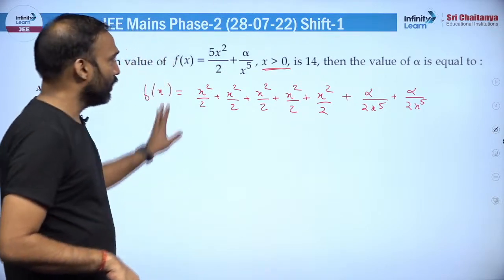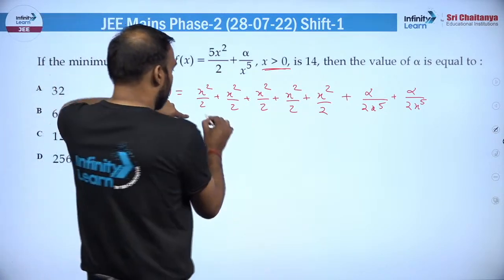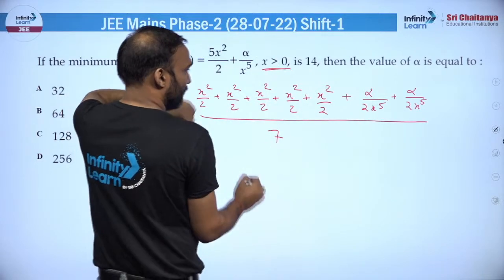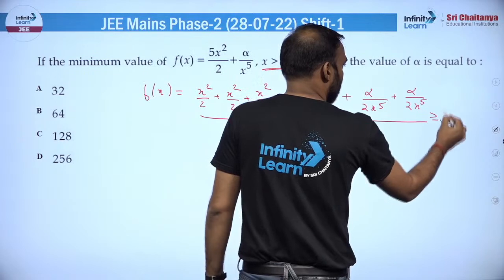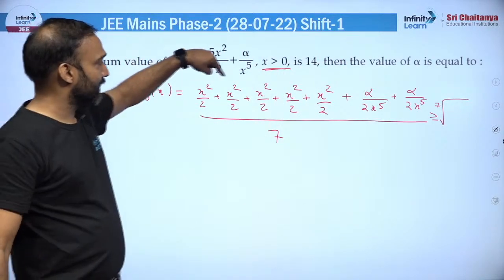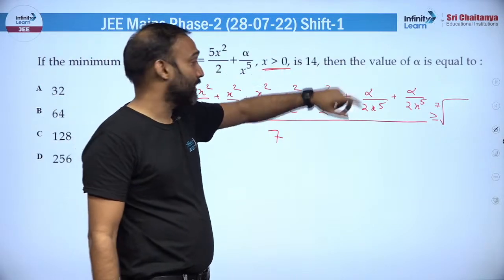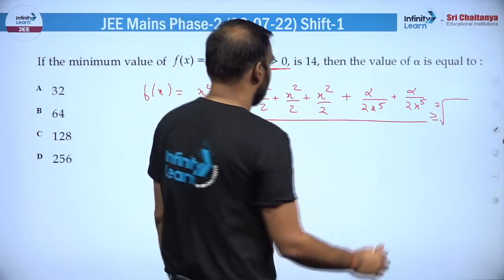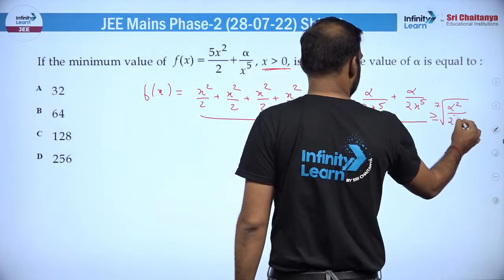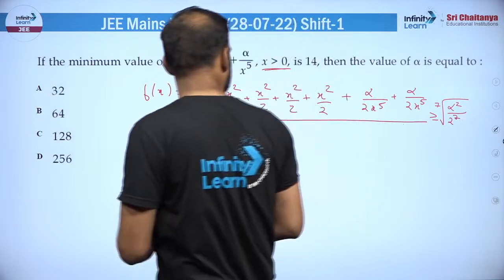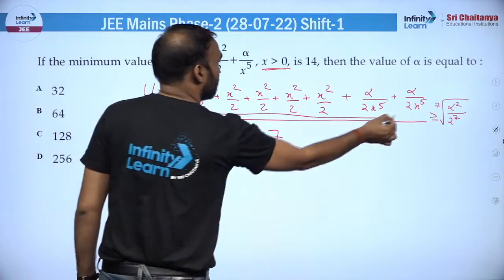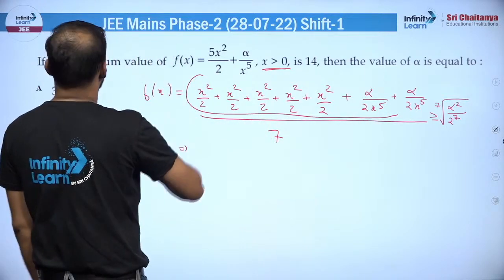Now observe, all of them are positive, right? So I can apply AM-GM, which means the sum of all these divided by 7, because there are 7 terms, is larger than or equal to the 7th root of their product. If you multiply, x², x², x², x², x¹⁰ and x⁻¹⁰, x will cancel out and you are left with only α²/2⁷. So this expression is basically your f(x), right?